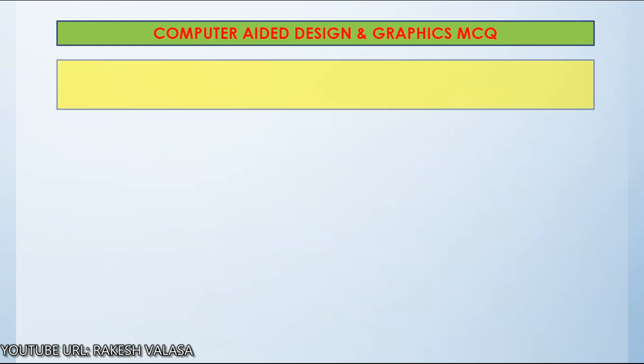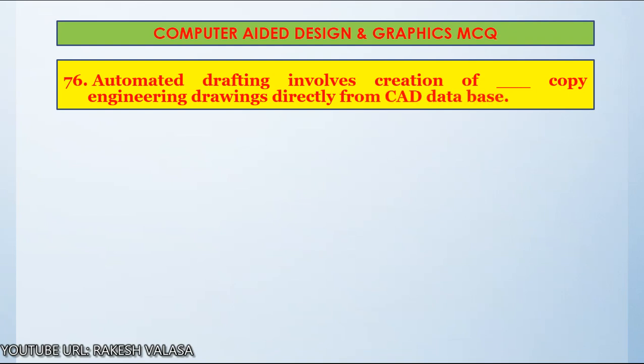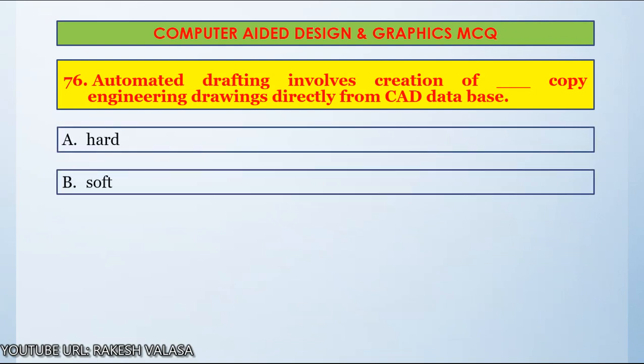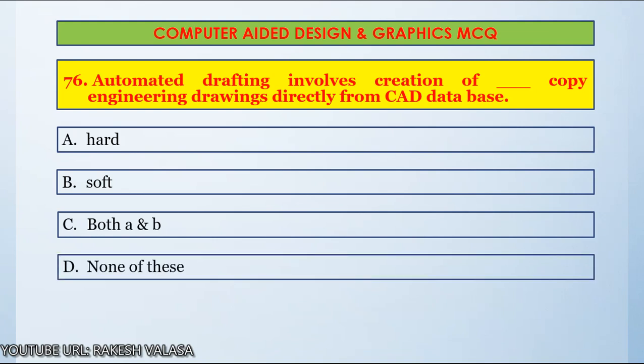Question number 76. Automated drafting involves creation of dash copy engineering drawings directly from CAD database. Option A hard, option B soft, option C both A and B, option D none of these. Let us count down start.